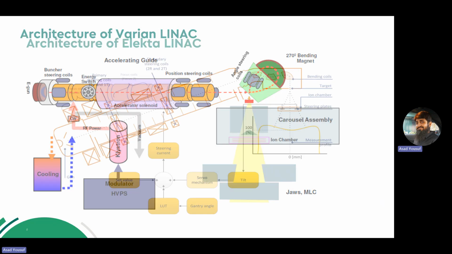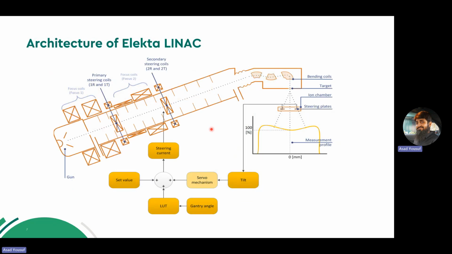On the other hand, if we talk about the Elekta design, here we have a traveling waveguide, which is large in size as compared to the standing waveguide. This system uses a magnetron for the microwave generation, and it has a simple diode electron gun.